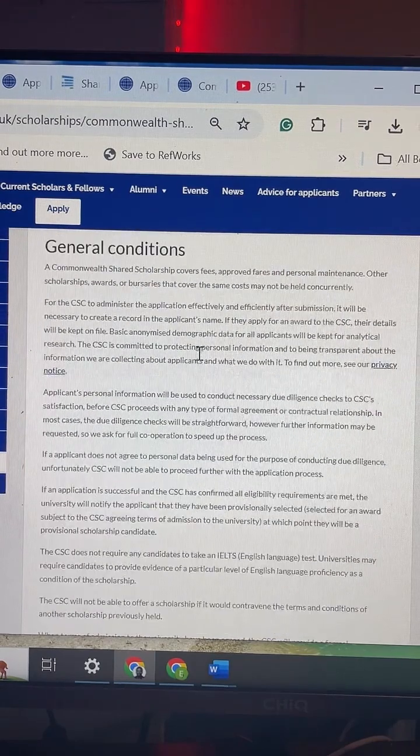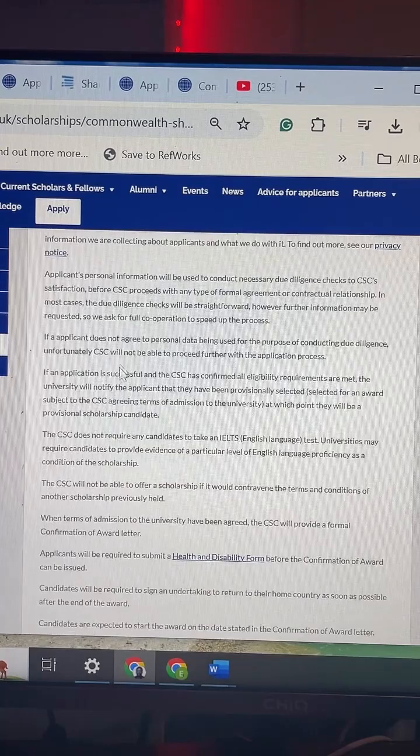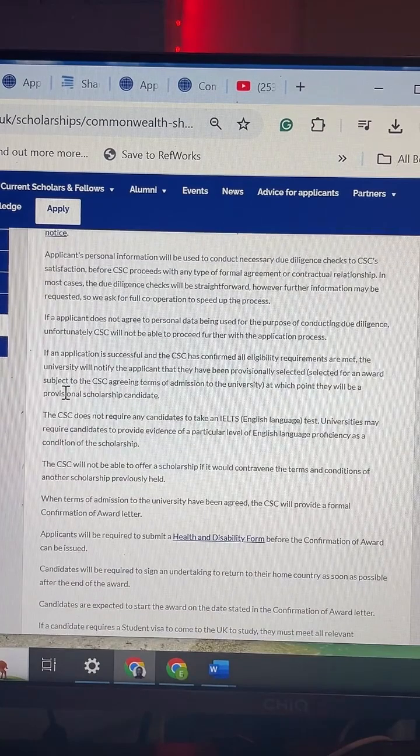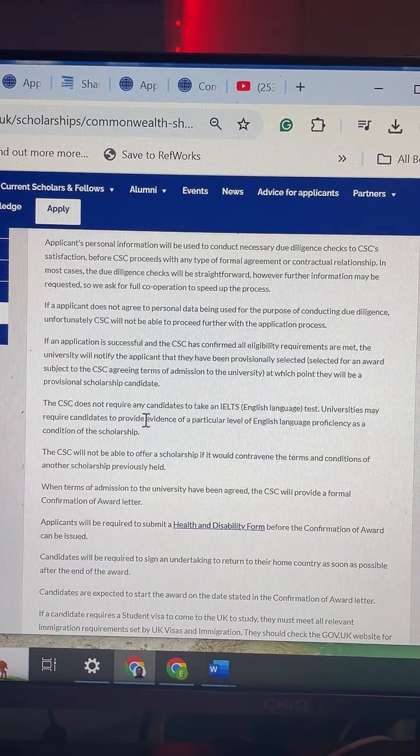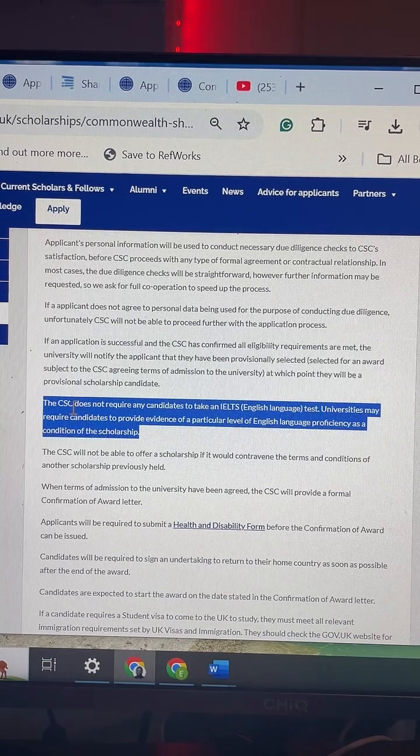And so there are some general conditions or general information that we need to be aware of as well. So one of them is that I know someone asked me earlier if it is important for them to write an IELTS, English Language Proficiency Test. So for the CSC, if you are making the application, you do not require any IELTS.